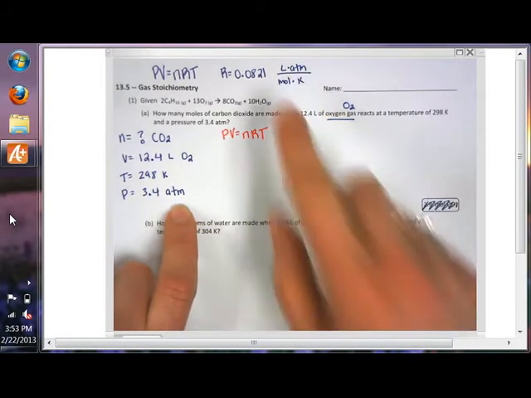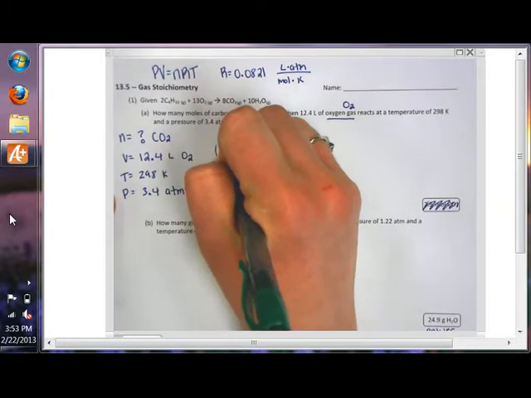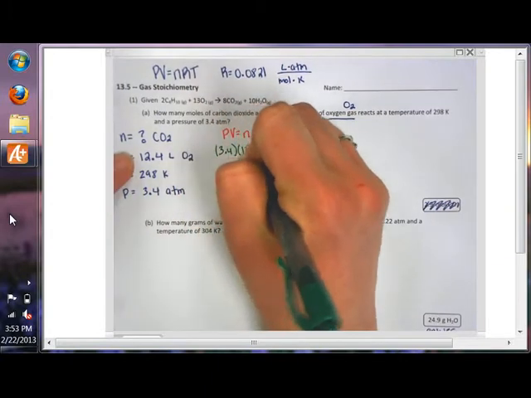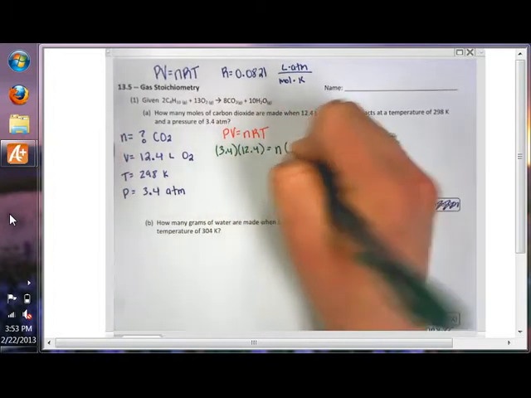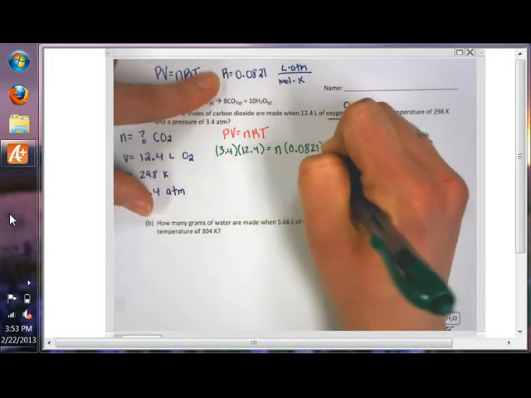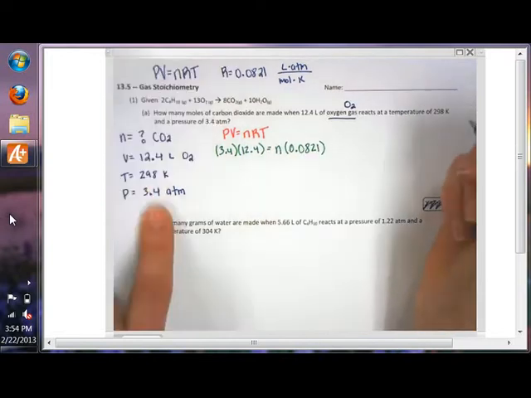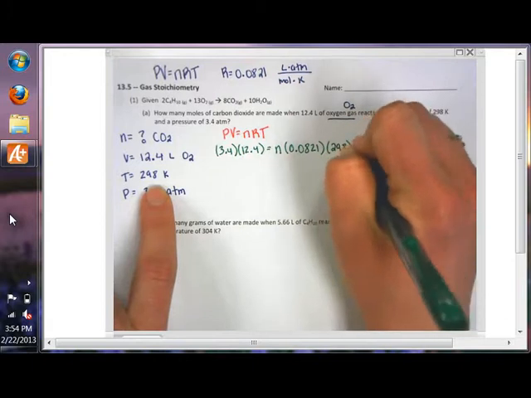So pressure is 3.4. Volume is 12.4. I'm trying to solve for n. R is always 0.0821. And temperature is 298. So I'm going to solve for n.